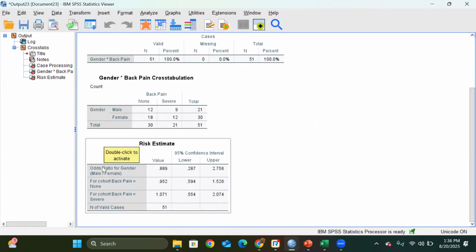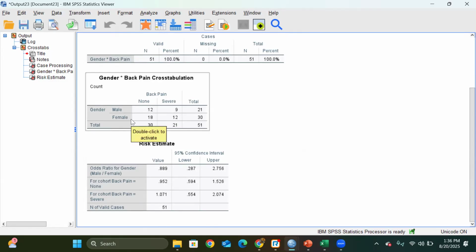So the odds ratio for gender, male and female, is 0.9, that is less than 1. So males have this much less chance of getting back pain as compared to the female. Females have more chance of getting back pain.